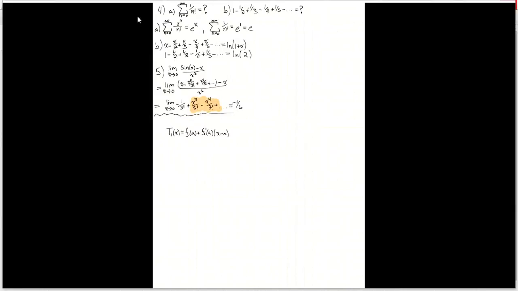If you remember, the book defines it as L of x. This means that we have L of x equals f of a plus f prime of a times x minus a.